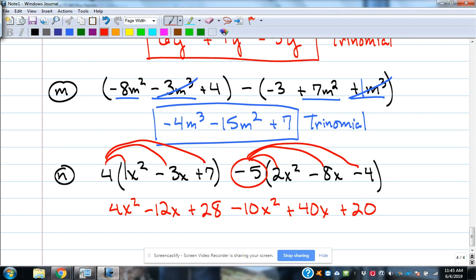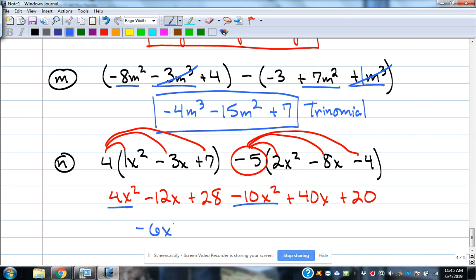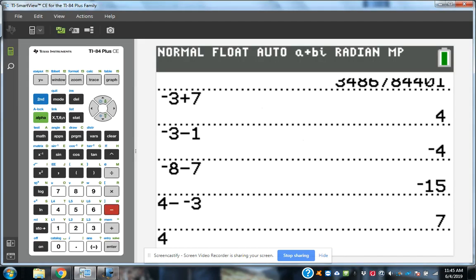Now we can add and subtract like terms, because the order of operations tells us the next thing to do is add and subtract. So like terms, we've got 4x squared, and it's going to go with the negative 10x squared. So 4 minus 10 would be negative 6x squared. It'll be negative because the 10's bigger. If you don't trust yourself, you've got the calculator you can help yourself with.